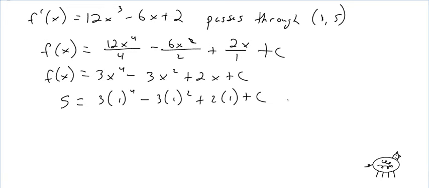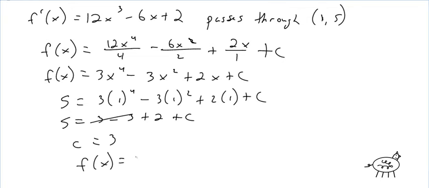Then just solve it. So 5 is equal to 3 minus 3 plus 2 plus c. So this cancels, we subtract 2, and we get c is equal to 3. So my answer is f of x equals 3x to the 4th minus 3x squared plus 2x plus 3.